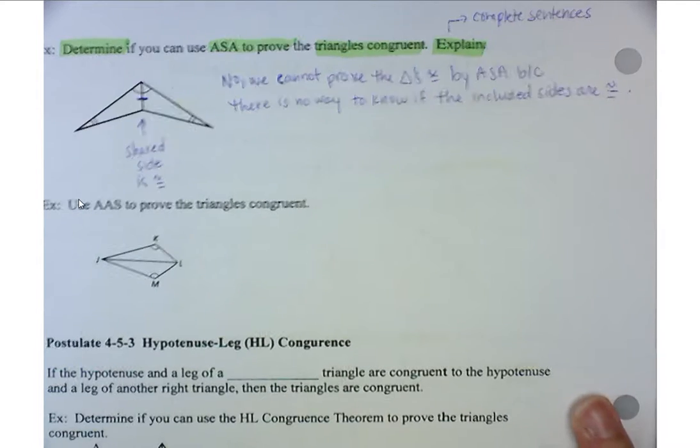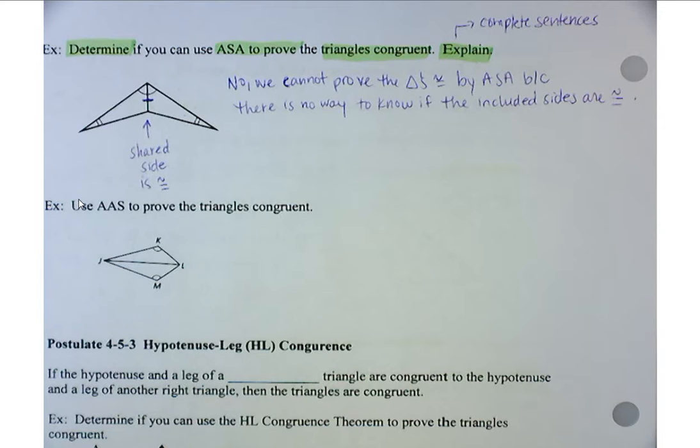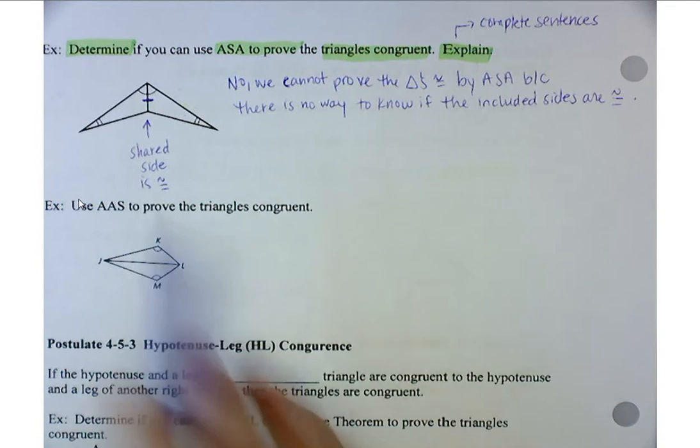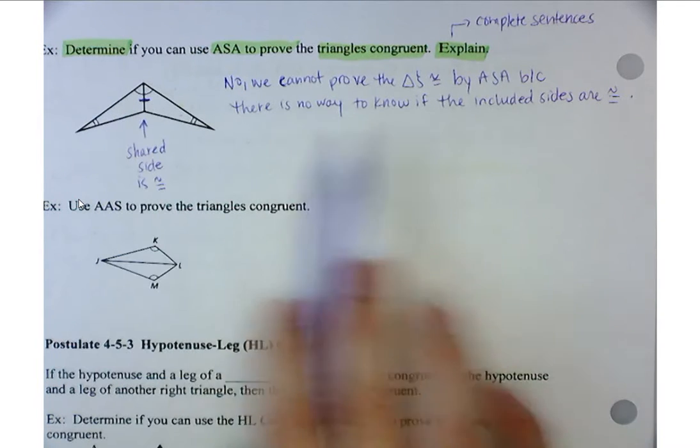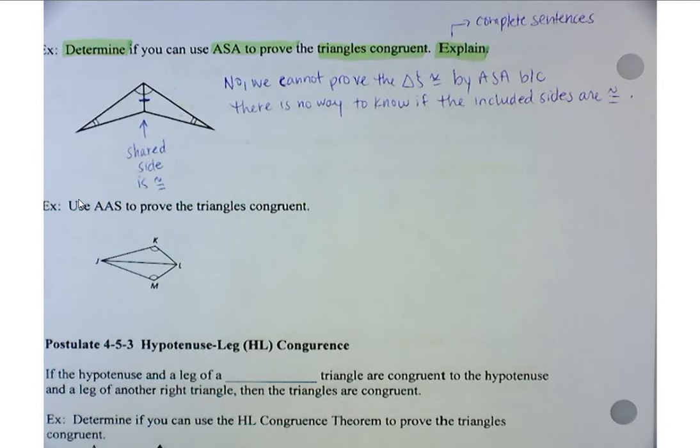Okay, so that would be a complete sentence. You're starting off with a yes or a no. We cannot prove the triangles are congruent by angle, side, angle because there's no way to know if the included sides are congruent. Because you do have the two angles. So you're just stating specifically what part is missing in order to prove it.